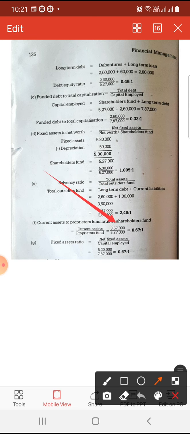So current assets divided by proprietors fund, 3,57,000 divided by 5,27,000, you will get 0.67:1. Next is fixed assets ratio. The formula is net fixed assets divided by capital employed, that is 5,30,000 divided by 7,87,000, you will get 0.67:1.